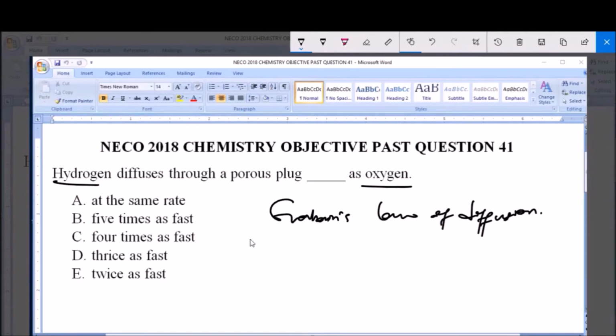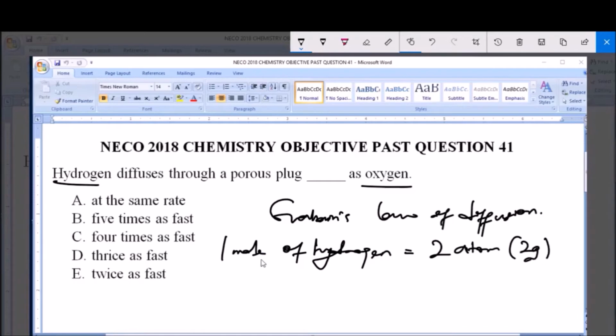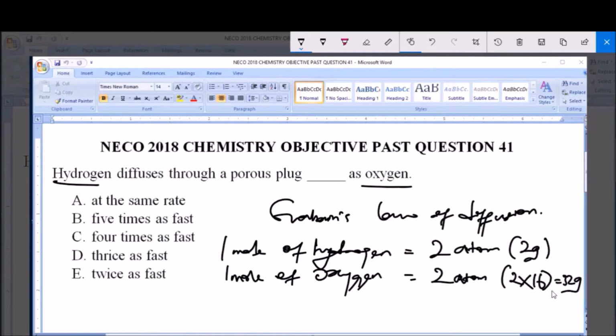Now, 1 mole of hydrogen has 2 atoms of hydrogen, so the mass is 2 grams. Then likewise 1 mole of oxygen will carry what? 2 atoms of oxygen, to form 1 molecule of oxygen, and that is 2 times 16, which is equal to 32 grams.